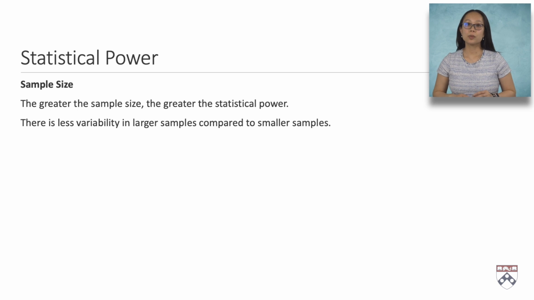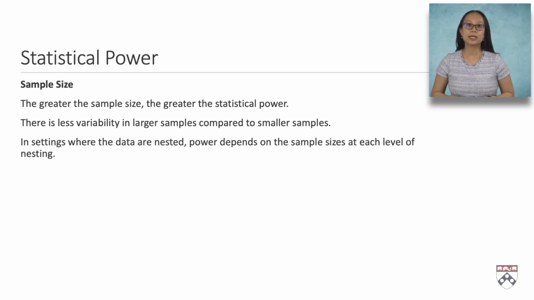And in terms of statistical analyses, a larger sample size is also associated with less variability compared to smaller samples, so that when we estimate differences between a treatment and control group, the standard errors or measures of uncertainty are smaller compared to the standard errors that we see in smaller sample sizes.